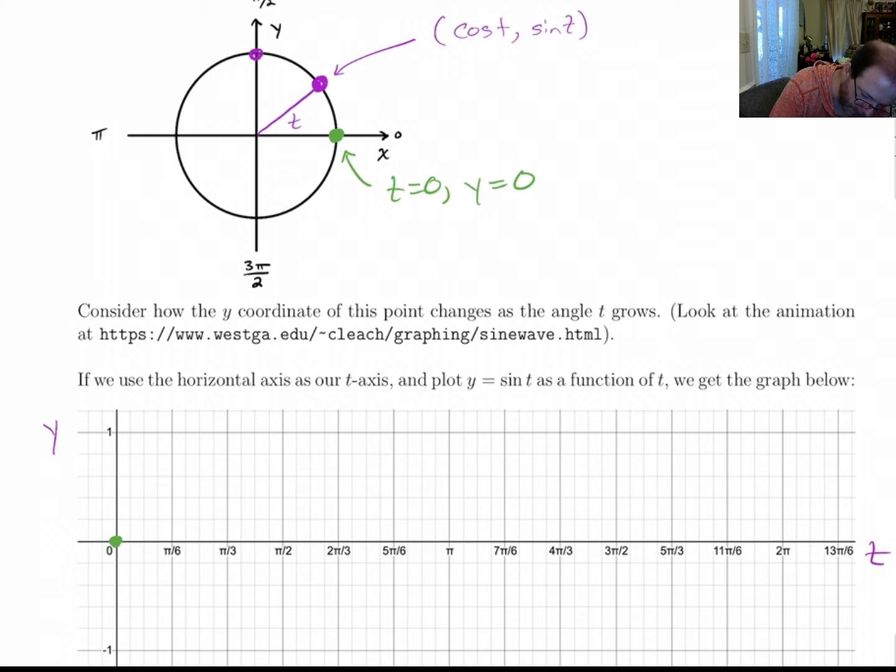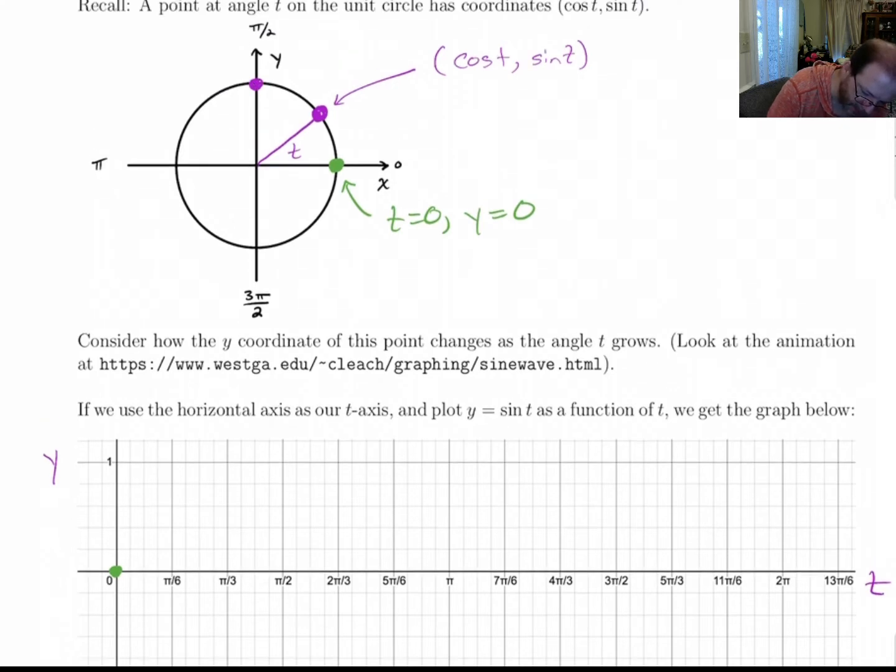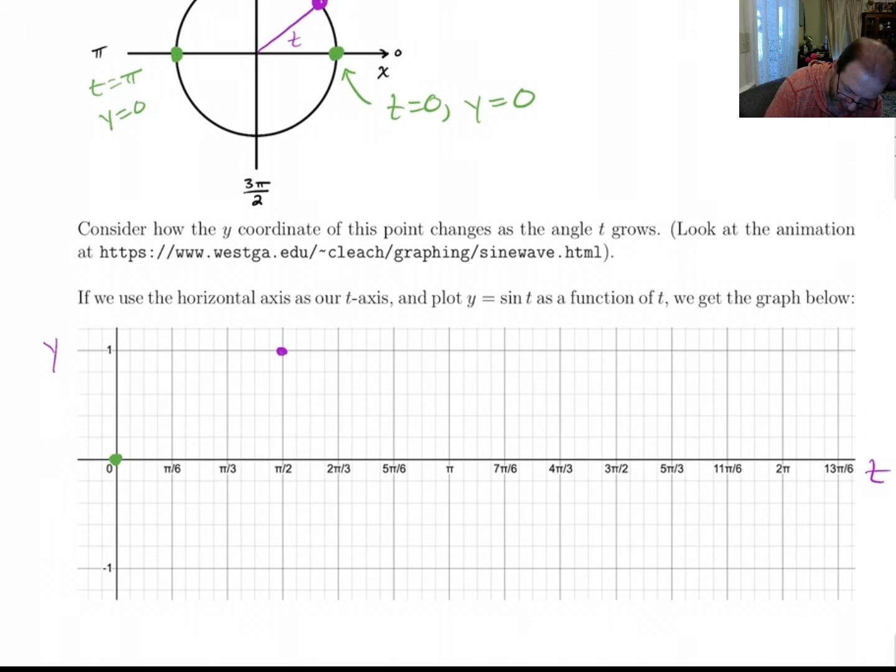Up here, t is pi over 2, and the y coordinate there is 1. So I'm going to plot that here at pi over 2 and y coordinate of 1. Now over here, t is pi, and the y coordinate is 0 again. So I'm going to come over here to pi and plot the point at 0.